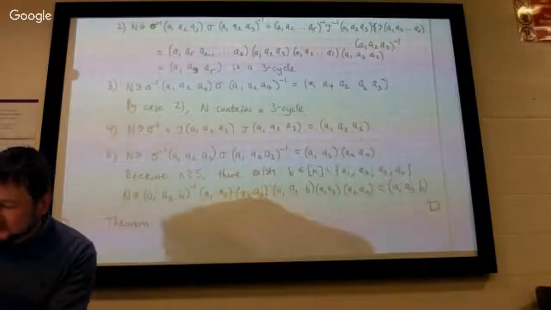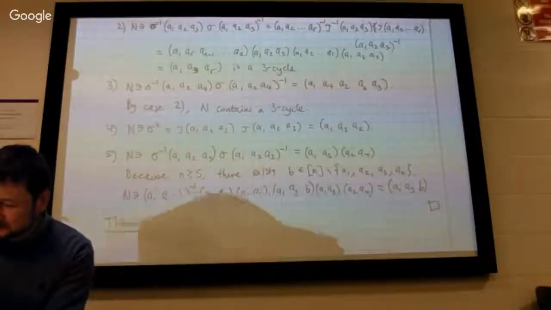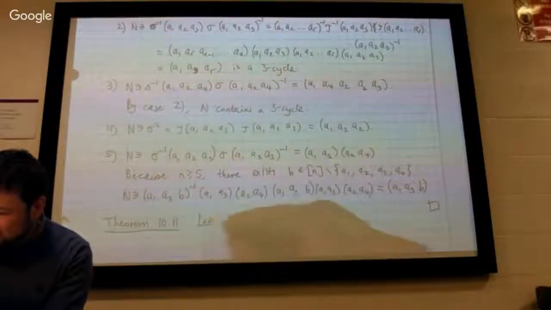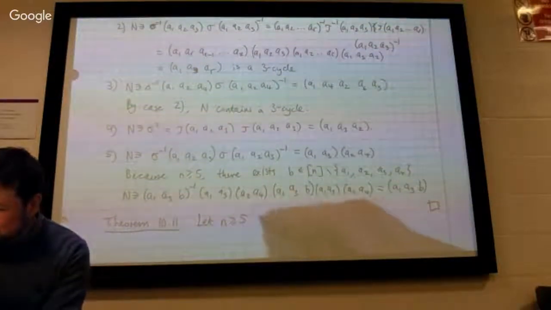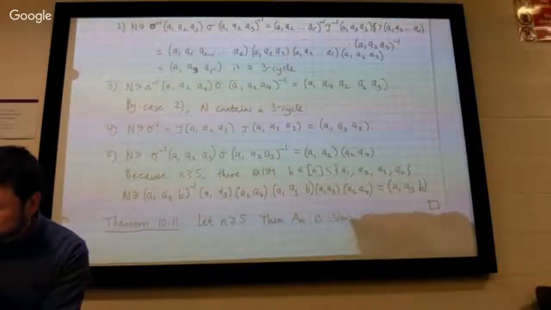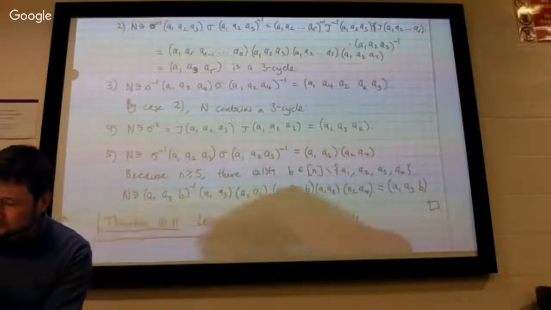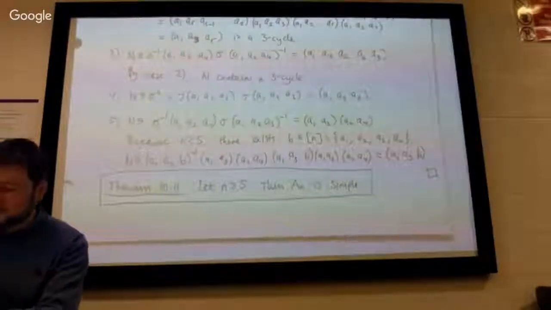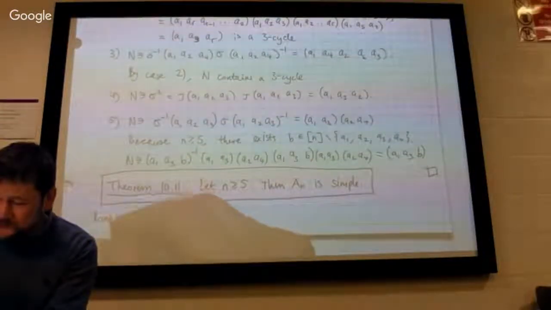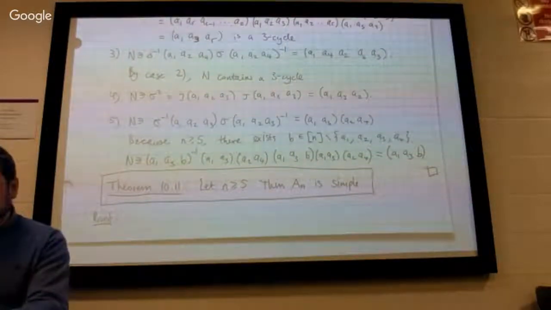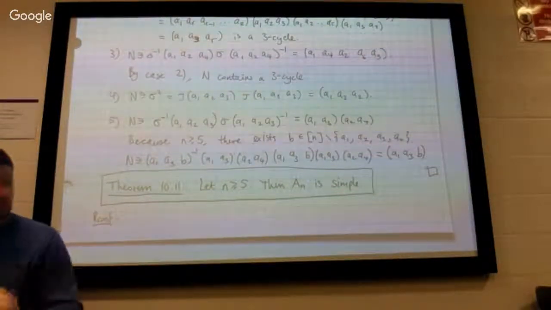Theorem 10.11. Let n be at least 5, then An is simple. That's what I promised you. Proof. Okay, so what does it mean to be simple?